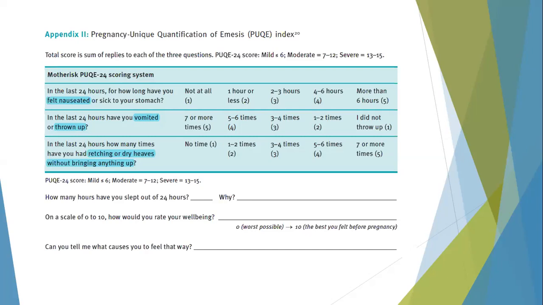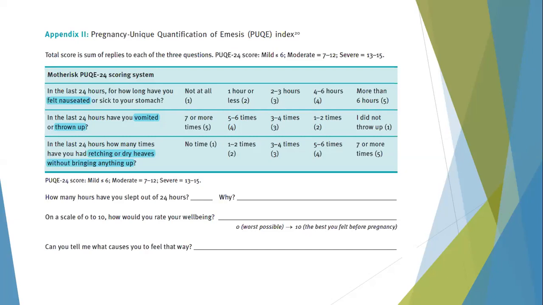Here, you should flip it to go with the previous. For the first and the last question, the scoring is ordered increasingly. Here he orders it decreasingly. So you should flip it so you cannot confuse your mind. In the last 24 hours, how many times have you had retching or dry heaves without bringing anything up?